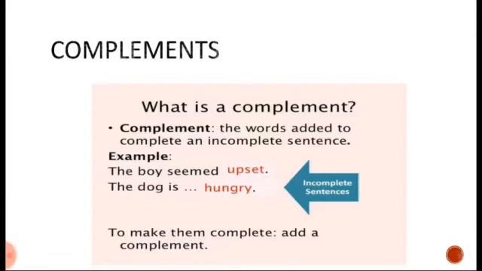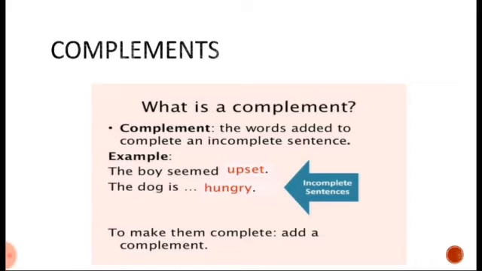So now it comes to complements. Whenever we have a verb of incomplete predication, I told you they need a word or a group of words to convey the complete sense. So the word that is added to the verb of incomplete predication is known as complement. See an example, the boy seemed upset.